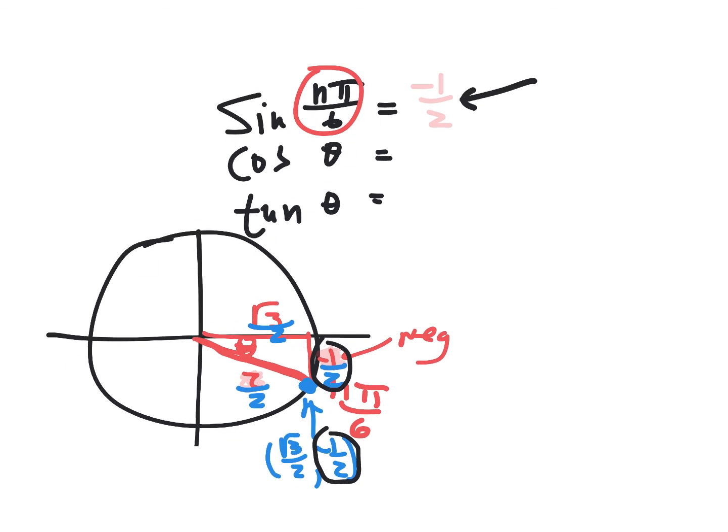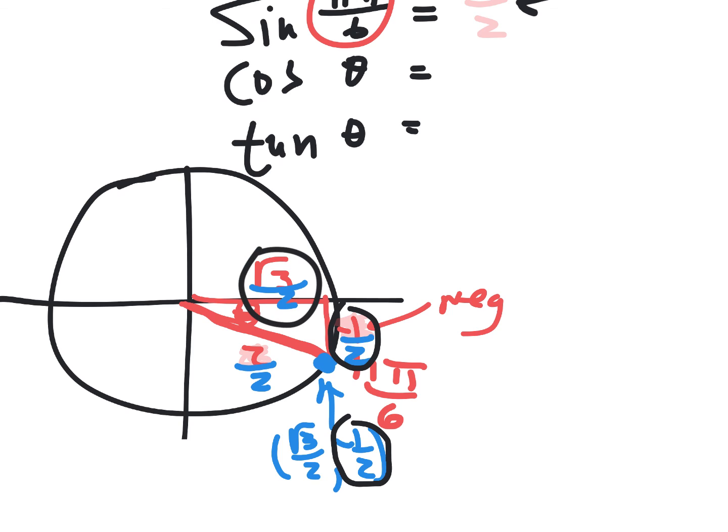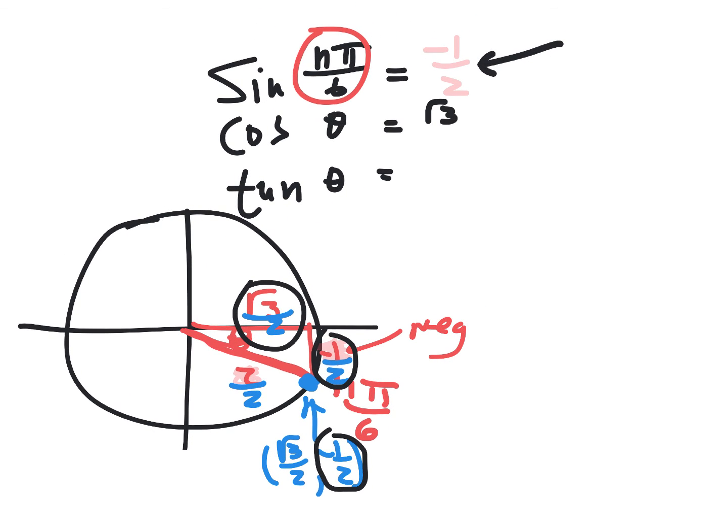All right, and the cosine then is the x, which would be √3 over 2. And the tangent is the y over the x, which is -1/2 over that. It's kind of gross, but it's right. That's why it's on the top 20.